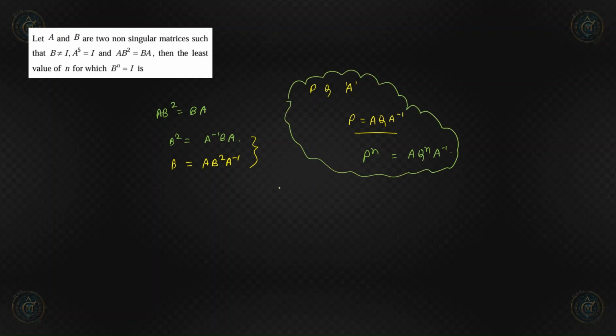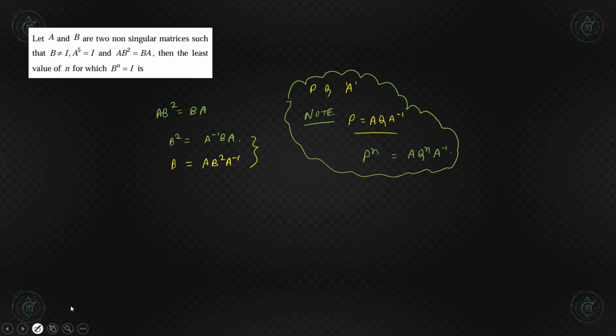Another interesting thing is that if A is a non-singular matrix, then the eigenvalues of P and Q are the same. Let's say P is a 3 by 3 matrix and Q is also 3 by 3, and the eigenvalues of P are 1, 2 and 4. Then Q will also have the eigenvalues 1, 2 and 4. This we need to note down.